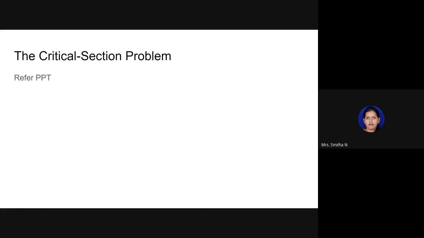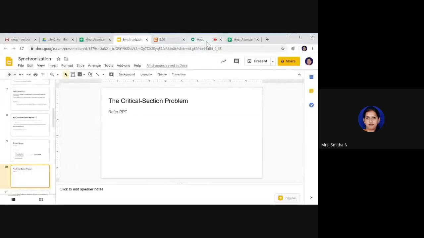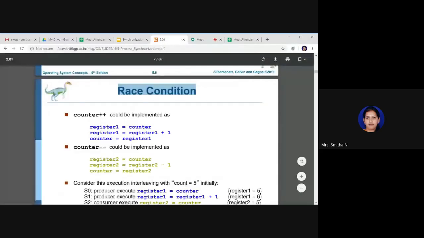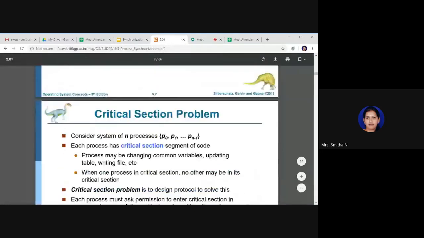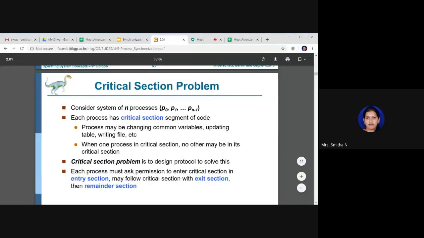Now, what critical section problem can we face here? So consider I have a system with n number of processes, that is p0, p1 till pn minus 1.